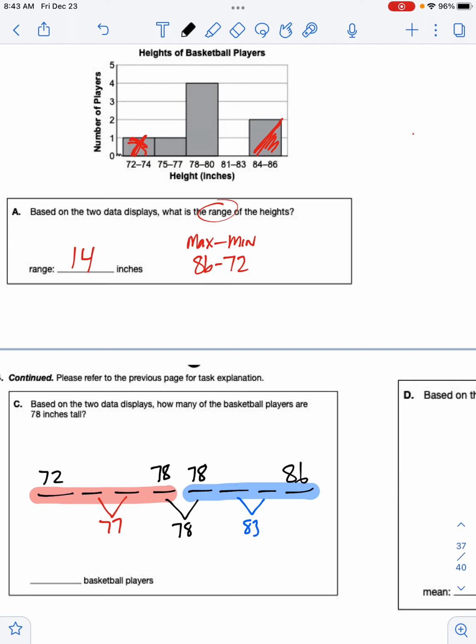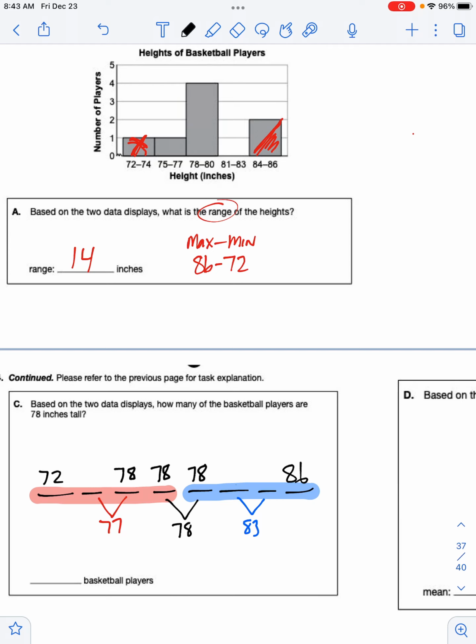Now, because the middle 4 have to be between 78 and 80, we're going to have a third 78. That third 78 is going to be on the lower side of this, because over here, that 78 isn't going to be able to average to make 83. It's 5 away. 83 plus 5 is 88, and that's off the scale of what we have.